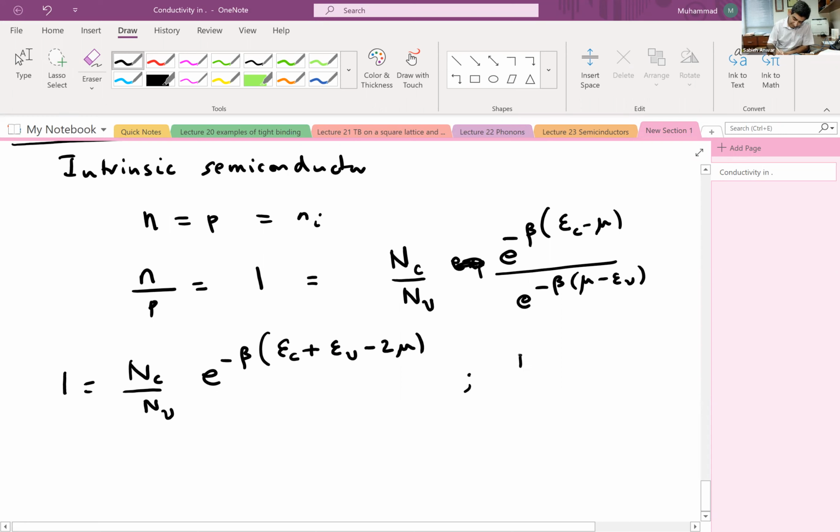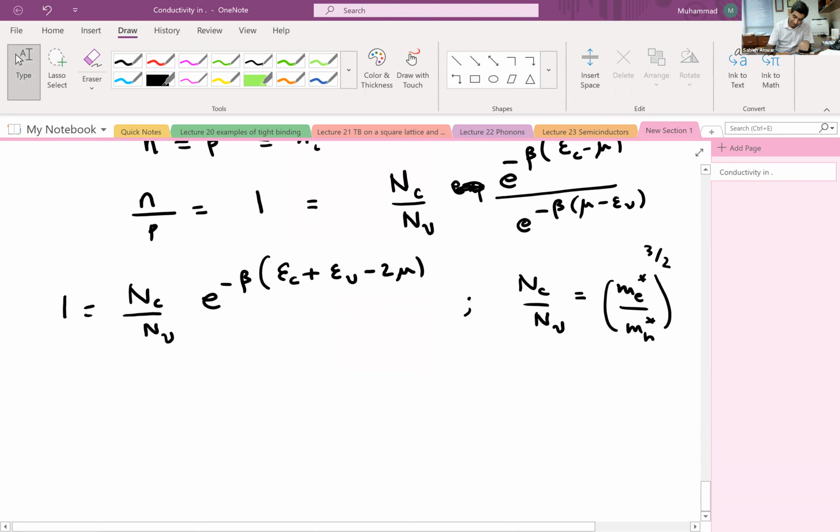And you also know that Nc over Nv has this kind of relationship here. Okay, so now if I take the log of both sides, I can make mu the subject of this equation, and I'll end up with the following. This you can do on your own.